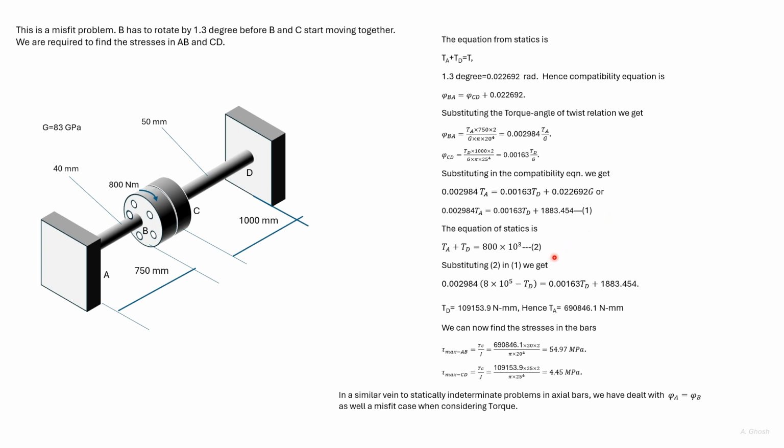From these two equations, we find out the value of TD and then the value of TA. We're asked to find out the stresses in the two bars, AB and CD. And since we now know the torques and we know the geometry which is given, we can find out the stresses in the bars.